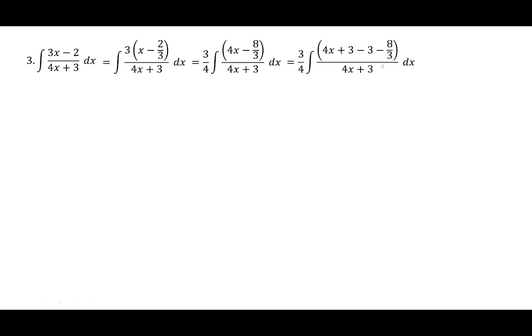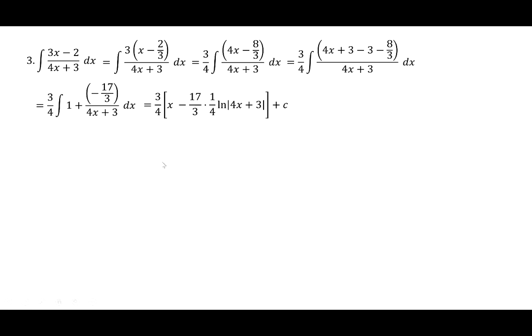That's what we do. And then this simplifies to 4x plus 3 over 4x plus 3. And negative 3 minus 8/3 is negative 17/3. You just sort of cross multiply. Negative 3 times 3 is 9. Negative 9 minus 8 is negative 17 over 3. And so we got 3/4 on the outside, and we split like this, and that's the integral.